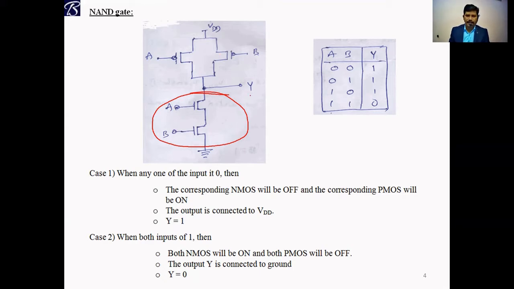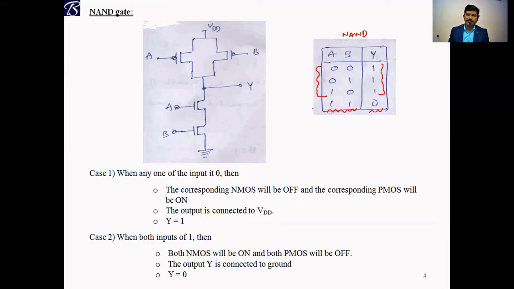Let us observe Y equal to what? What is the NAND gate truth table? When all inputs are ones, output is 0. When any input is 0, output is 1. This is the NAND gate.